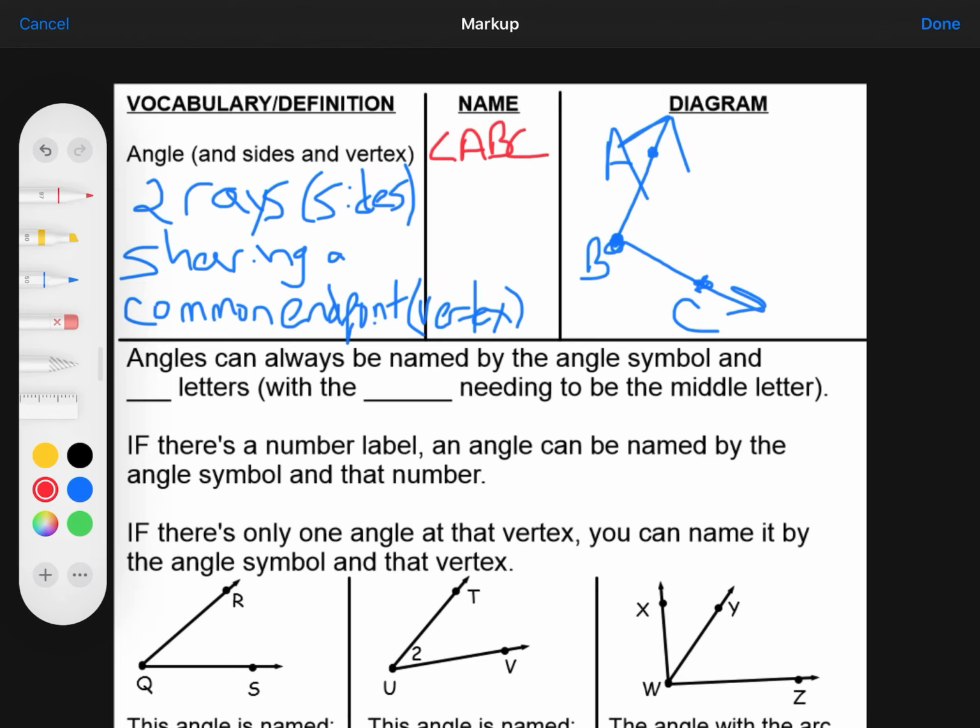But as you can see here, you put that little symbol that looks like a diagonal side and a horizontal side, and that symbol means we're talking about an angle.